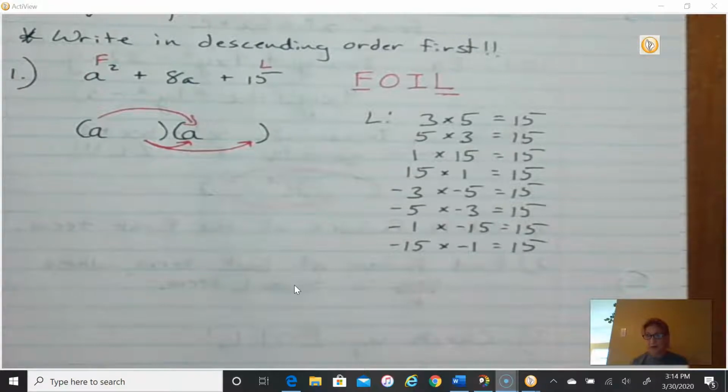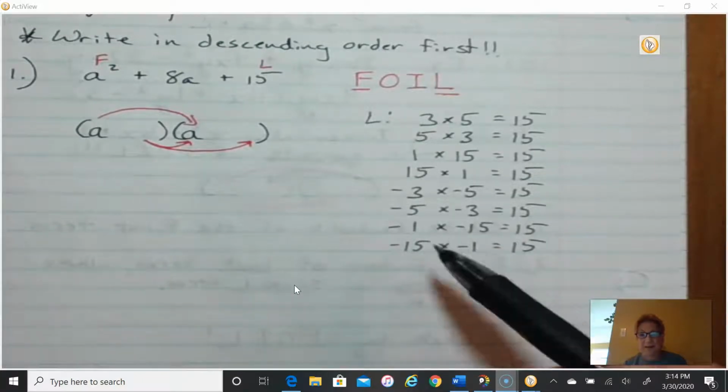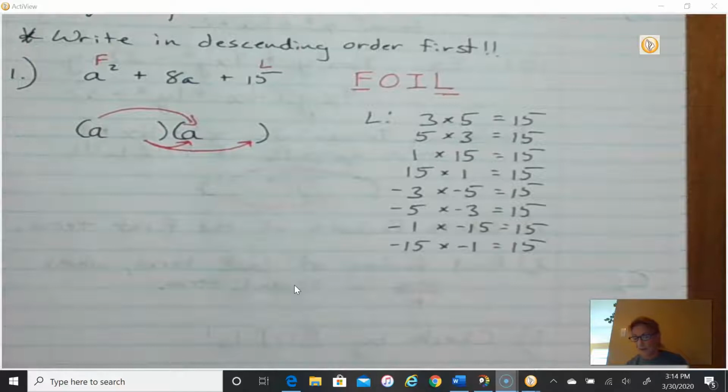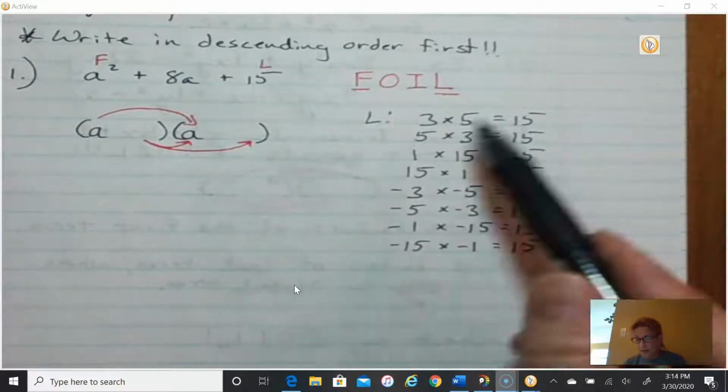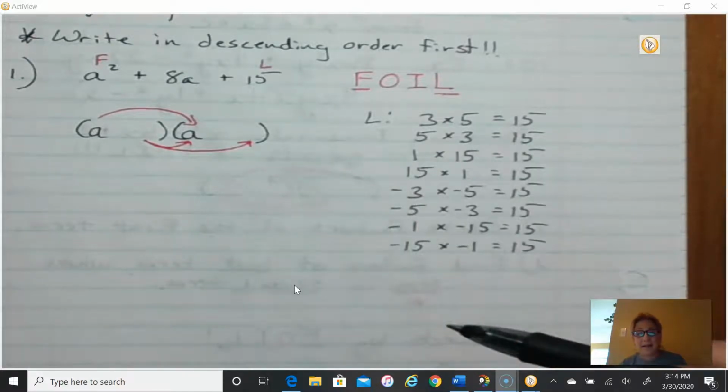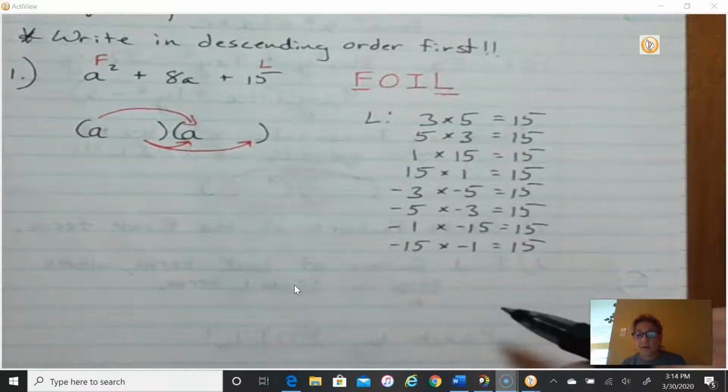Now, do you see what I'm talking about? You really need to make sure that, because sometimes they get hard, and you need to be able to figure, it could be weird possibilities, the negatives and stuff like that when they get harder. Now, which of these, when added, give you 8?